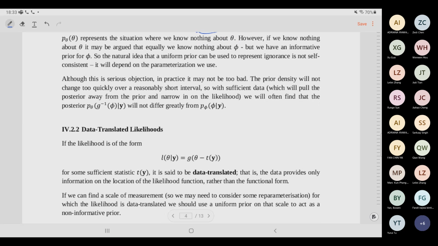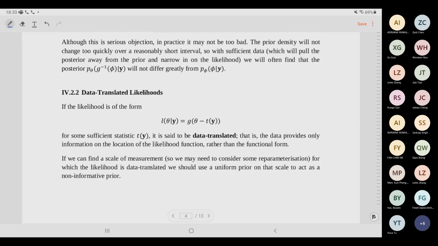Then we're going to look at something called a data translated likelihood. If you have your likelihood in the form of a function g of theta minus t(y), where t(y) is a sufficient statistic, this is called data translated, because the data provides only information on the location of the likelihood function.